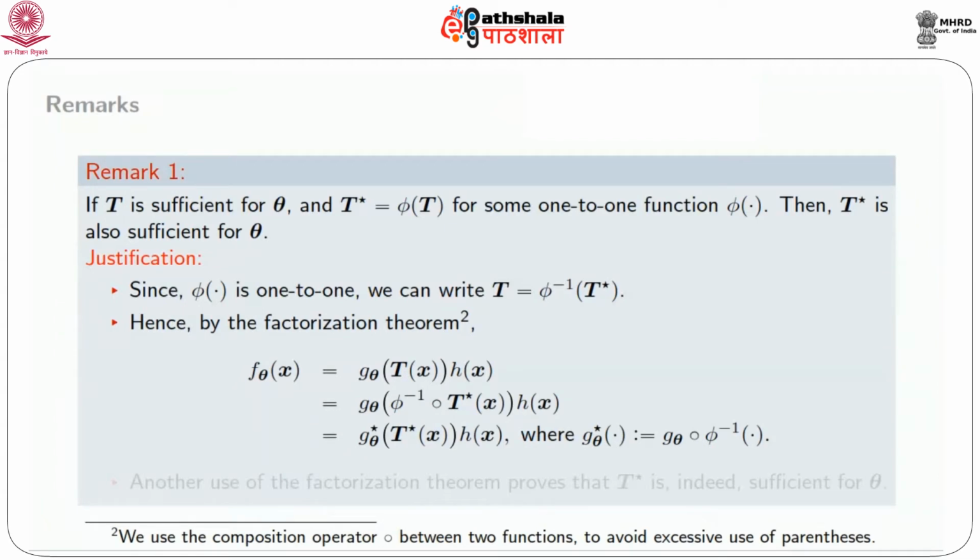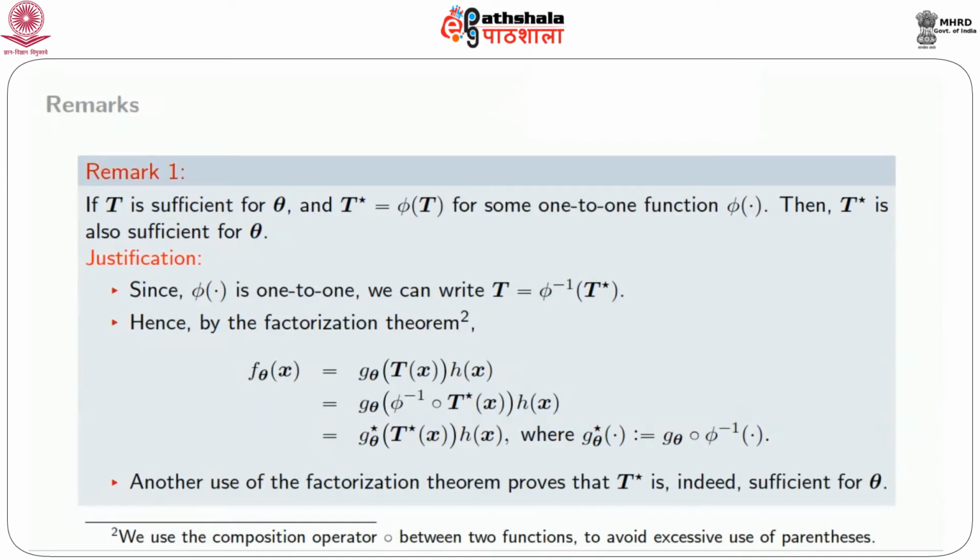Since in case of a one-to-one function, the inverse function exists, hence by the factorization theorem, f theta(x) equals to g theta(t) into h(x), in place of t we write phi inverse of t(x) and we get g theta of phi inverse t(x) into h(x), and here we can write this as g star theta of t star(x) into h(x), where g star theta is the function g composed with phi inverse.